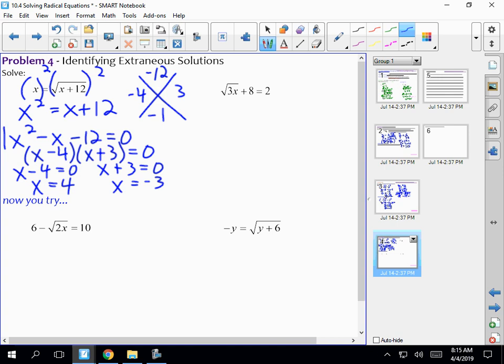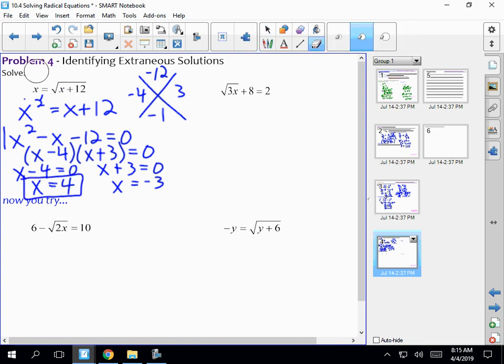So we've got to take both of those and plug them into the original. If you go back up here, erase the squaring up here, if you plug in the 4 right here and here, 4 plus 12 is 16, square root of 16 is 4, so that one works. We can box the x equals 4.